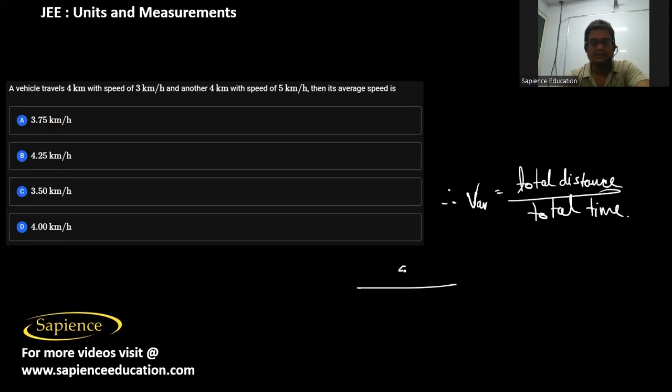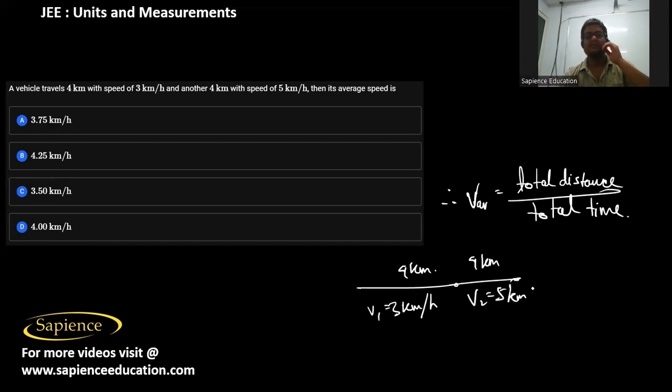So he travels first 4 km with a speed of 3 km per hour, which is V1. And the next 4 km also he traveled with 5 km per hour.